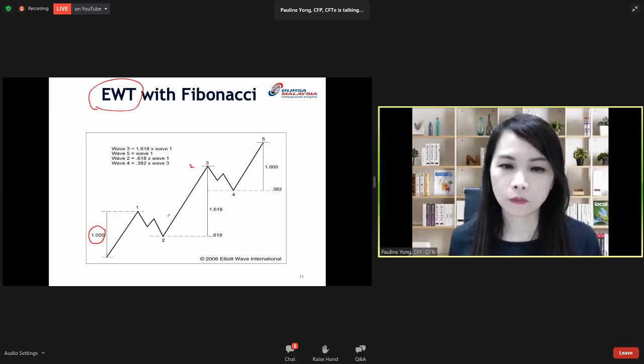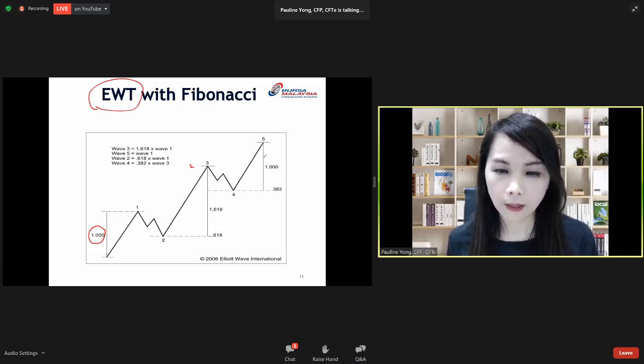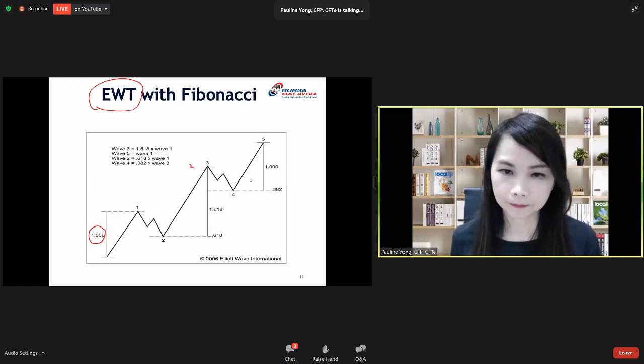And when you're counting the 5 waves up, you must see that wave number 4 cannot touch wave number 1, the beginning of the wave, the swing high here. This swing low here cannot touch the swing high here. So if let's say you count halfway and then you see that, oh, my wave number 4 touches my wave number 1, then you have to recount again. This one you have to follow quite strictly.